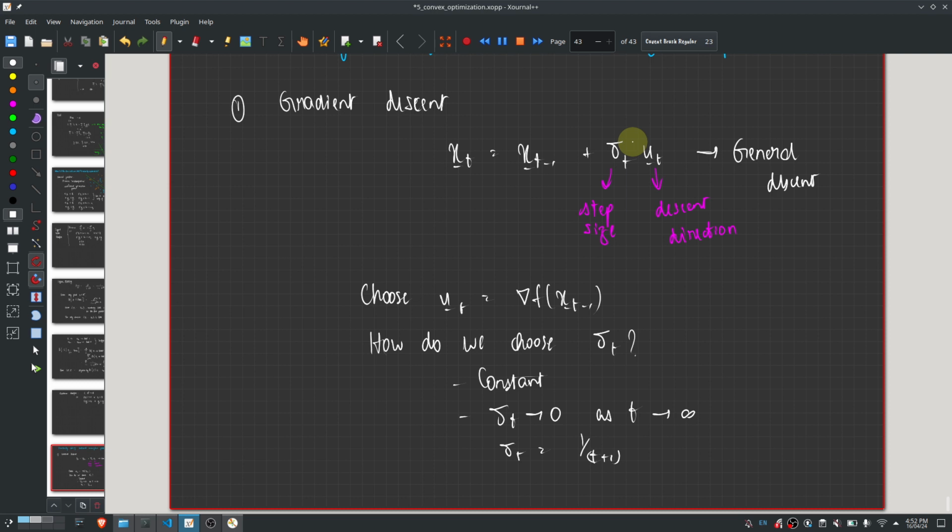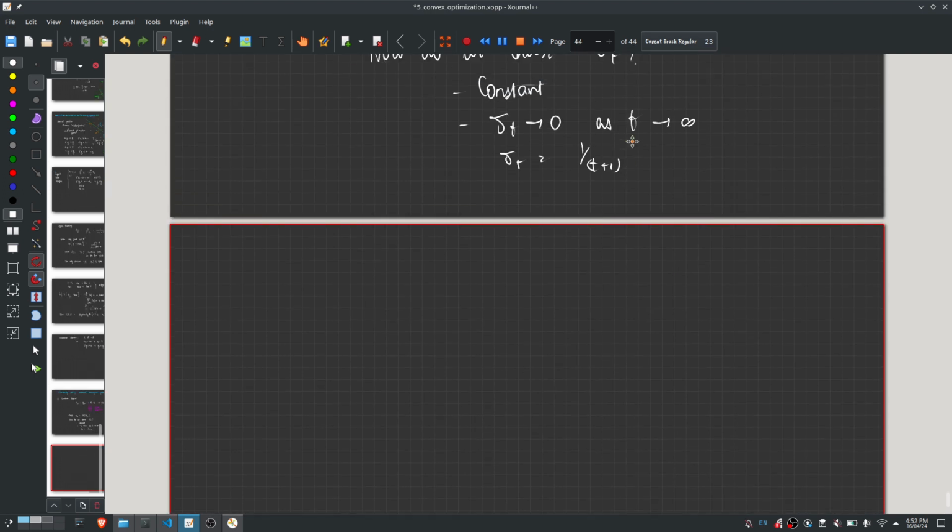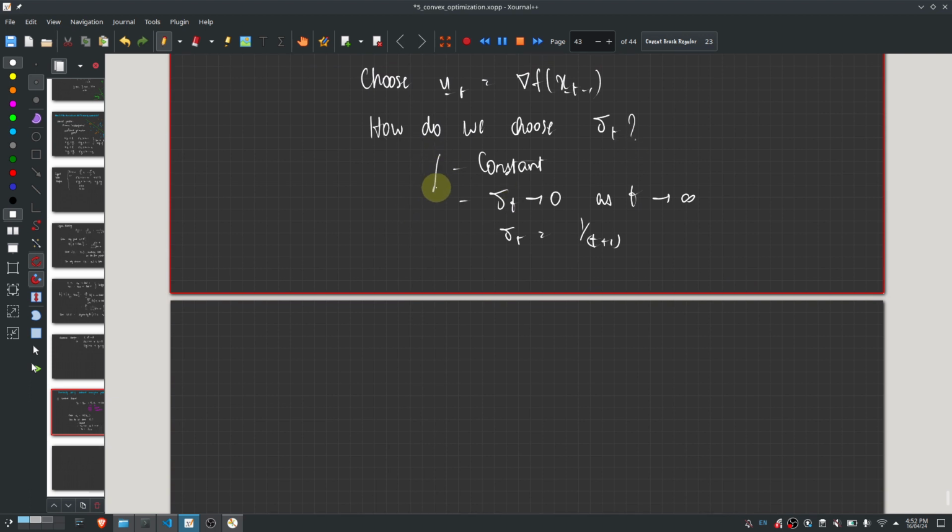You look at the function along a particular line and search in order to get the best possible delta t. So these are choices fixed beforehand. Another way of choosing are these essentially line searches.